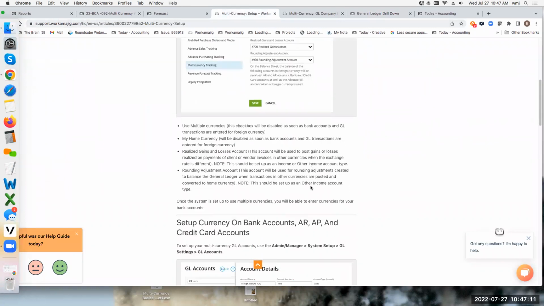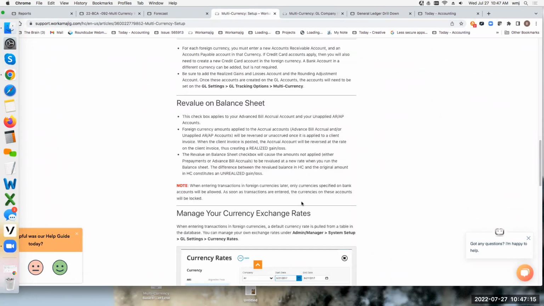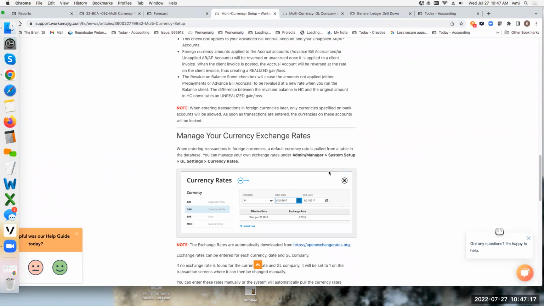We talk about where we get our currency rates from, how we revalue on balance sheets, managing your currency exchange rates. So you've got the ability now to do bank-to-bank transfers from one currency to another, and set whatever the currency rate is, either what's defaulting into your system or maybe what the bank gave you as their currency rate.